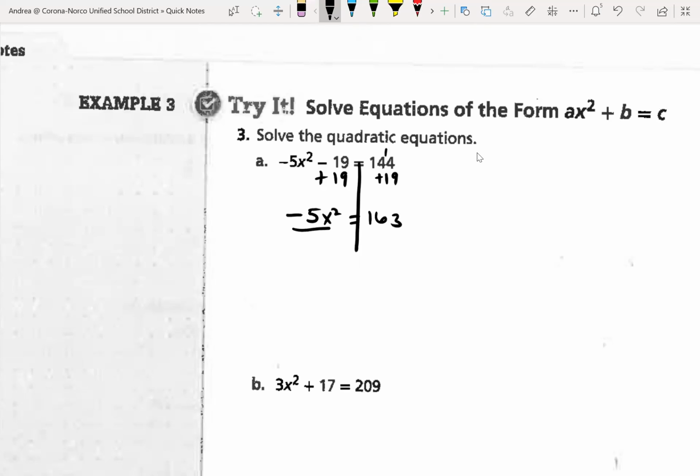Then I divide by negative 5, divide by negative 5, and I get x squared equals negative 163 divided by 5.